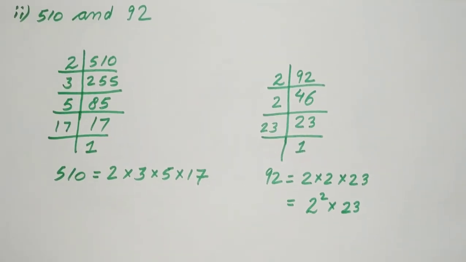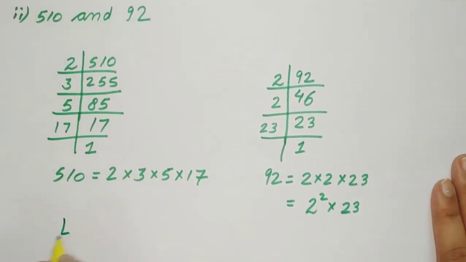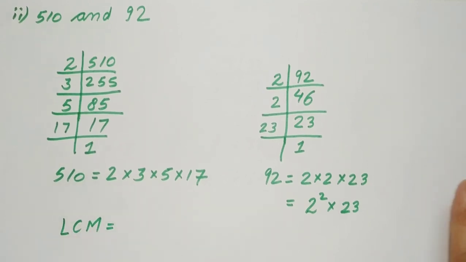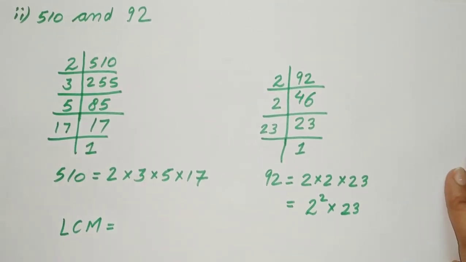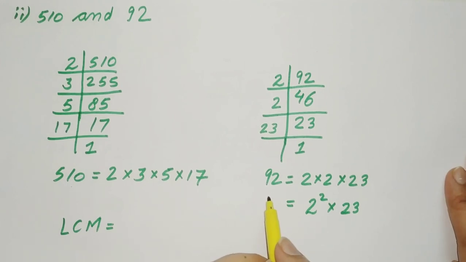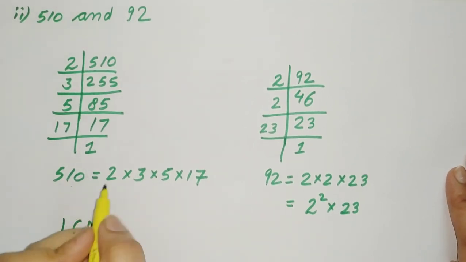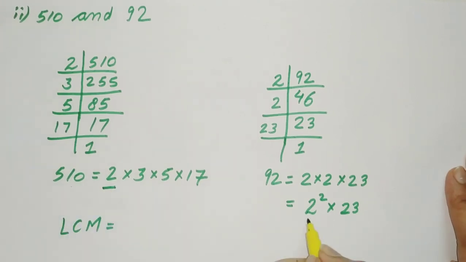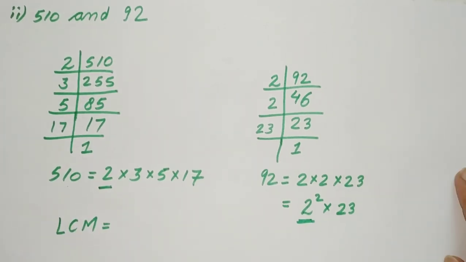Now let's move to find out the LCM. As I told you, we'll multiply the prime factors of 510 and 92. But when we have common prime factors, for example, here we have 2 and 2 square, we'll select the highest power of 2.